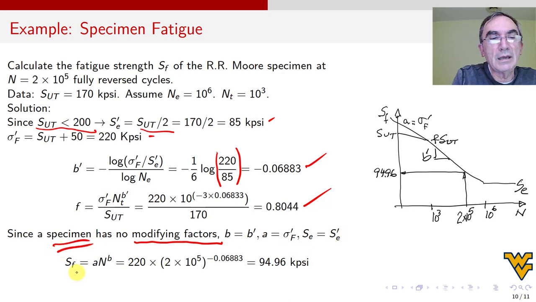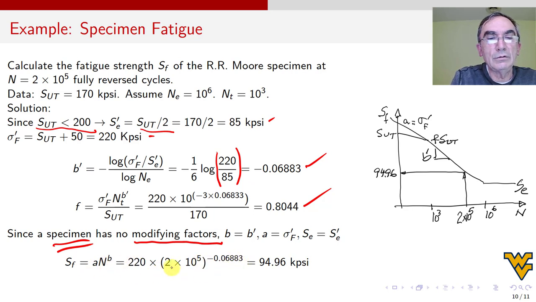I can use the normal equation, which is valid for a specimen, components, parts, never mind, as long as I put A and B equal to the A and B prime which I calculated right here. I put these numbers in this equation.